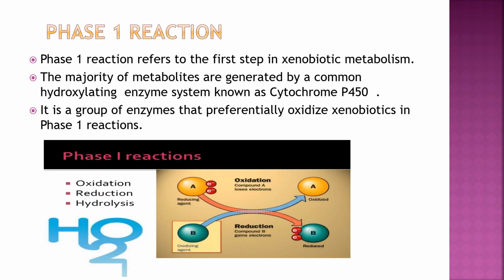Phase 1 reactions. This reaction is the first step in xenobiotic metabolism. The majority of metabolites are generated by a common hydroxylating enzyme system known as cytochrome P450. It's a group of enzymes that oxidize xenobiotics in phase 1 reaction.